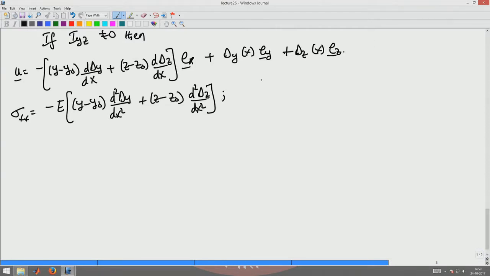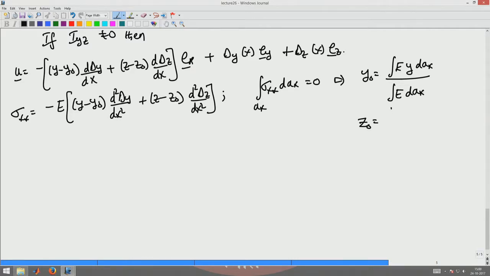Then the condition that integral sigma xx dA_x has to be 0 would imply that y naught is given by integral E times y dA_x divided by integral E dA_x. Here I have not assumed the beam is homogeneous. My z naught would be integral E times z dA_x by integral E times dA_x. These two you will get from this equation.